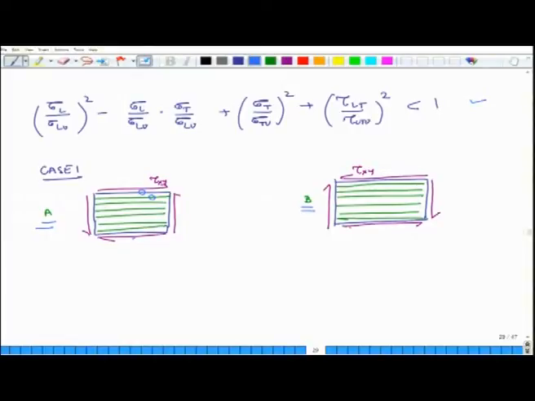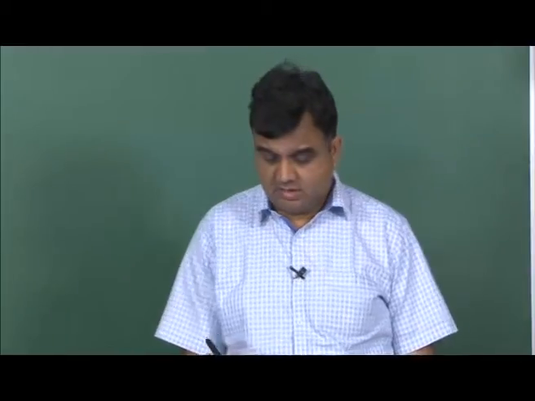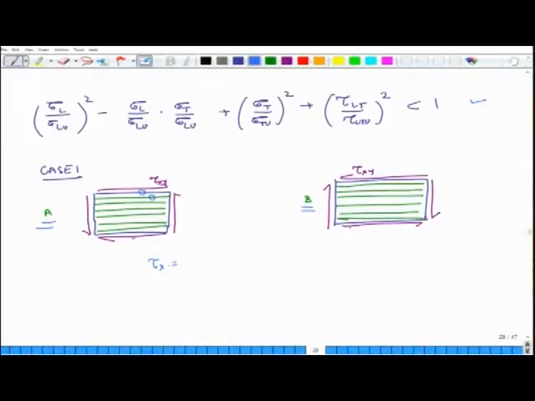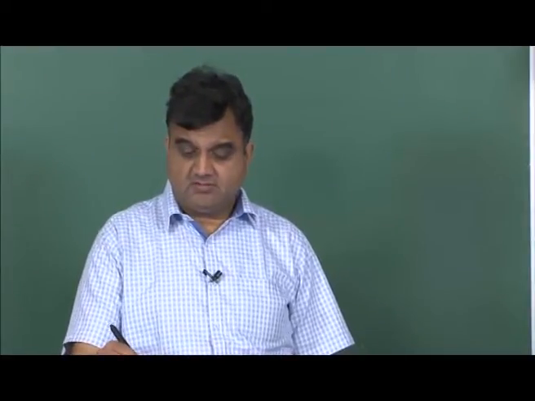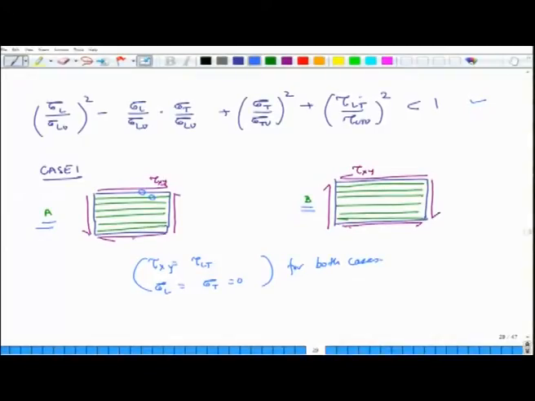The only non-zero quantity is tau LT, because tau xy is the same as tau LT. So whether the shear stress is positive or negative, the failure shear stress will be the same for both situations, because I have a square term here. It does not matter.